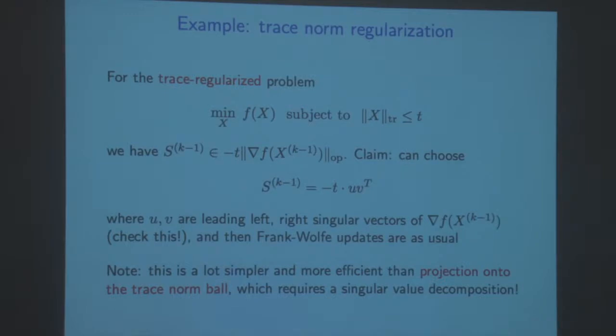If I asked you to compute the top left and right singular vectors of a matrix versus its whole singular value decomposition, those are very different tasks. Of course, the singular value decomposition includes the top left and right singular vectors and all the rest, so it's a lot harder to do. So this is a lot cheaper in terms of the update.